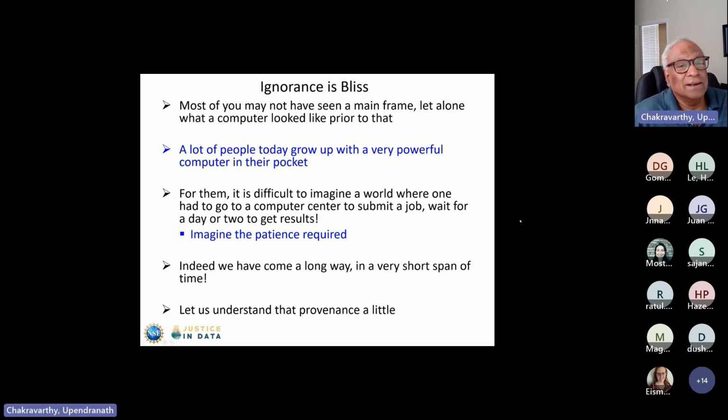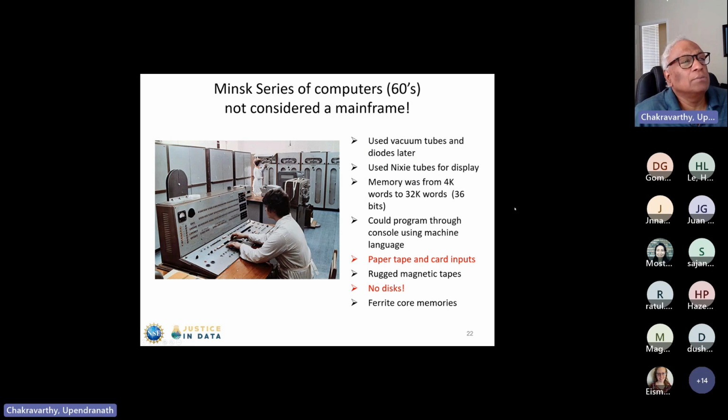Let's understand a little bit of the lineage. So this is how a computer looked like in the 60s and 70s. This is a computer from Russia. I worked on one of these computers in this series. What would be interesting for you to know is that the memory it had was 32K words.